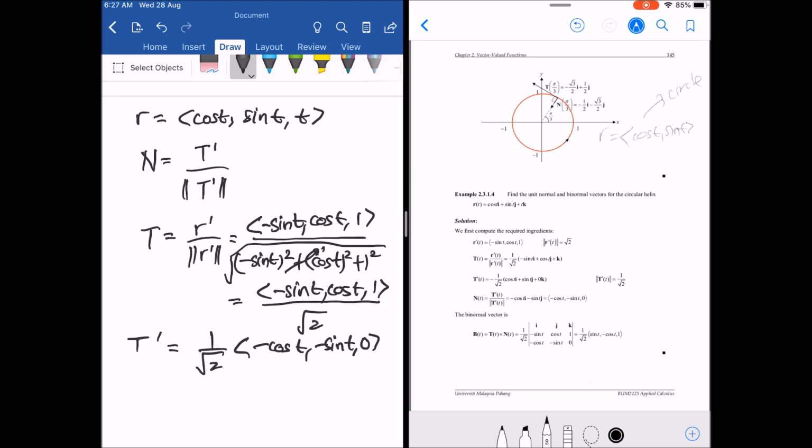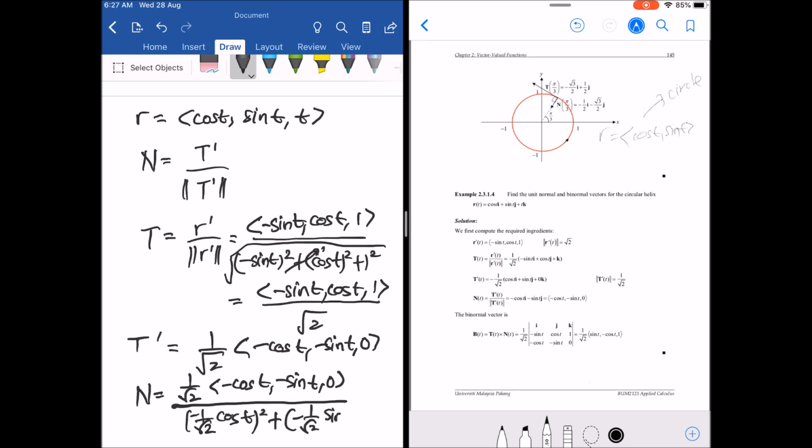So our normal vector should be 1 over square root 2 times negative cos t, negative sin t, 0, divided by the square root of (1 over square root 2 cos t) squared plus (negative 1 over square root 2 sin t) squared.